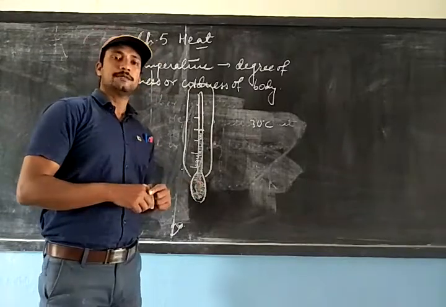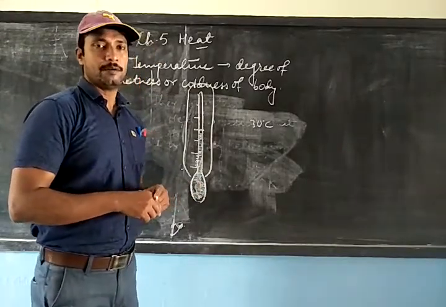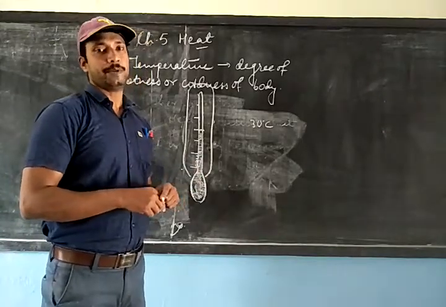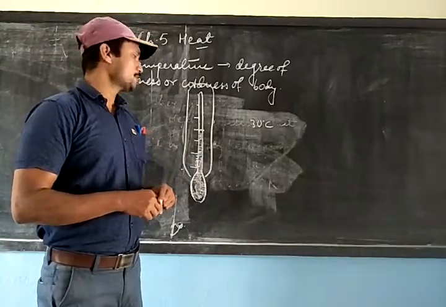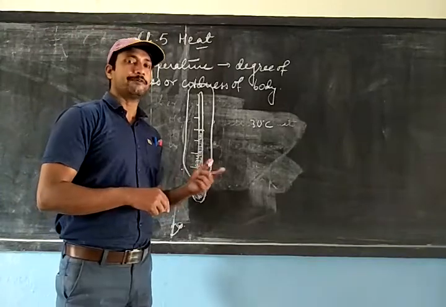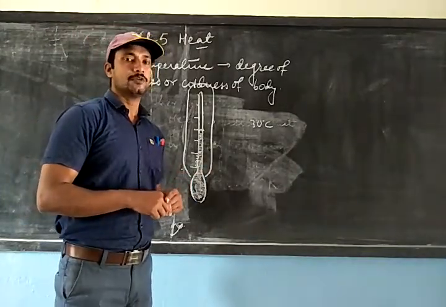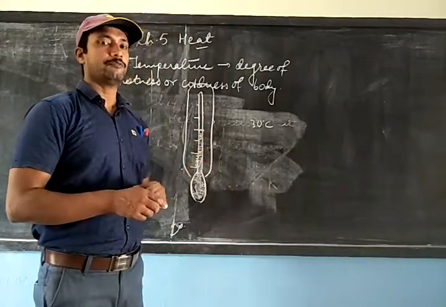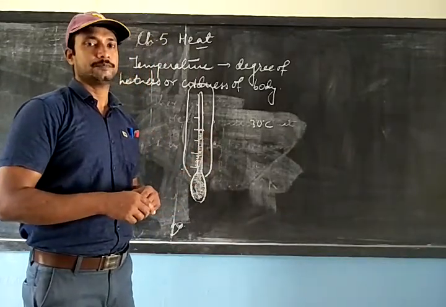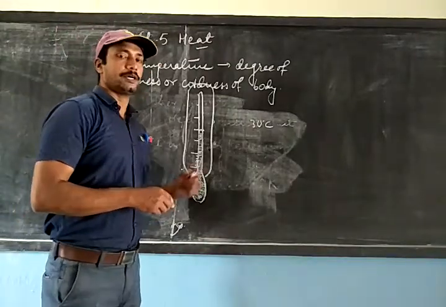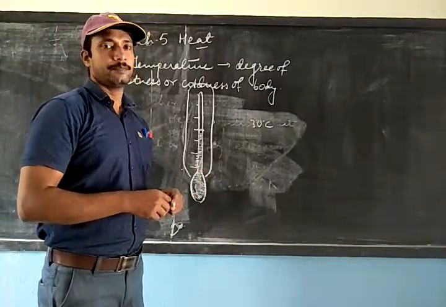Because it is opaque, it can easily be visible, and it also measures a very large range of temperature. Its freezing point is minus 35 degrees Celsius, and it can measure the temperature of a very hot body also. So these are the various reasons why we take mercury in this thermometer.